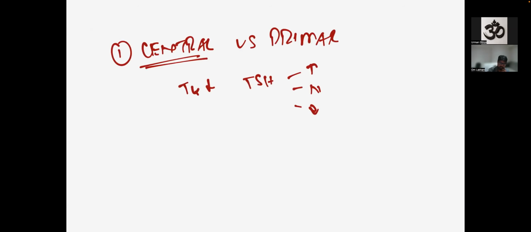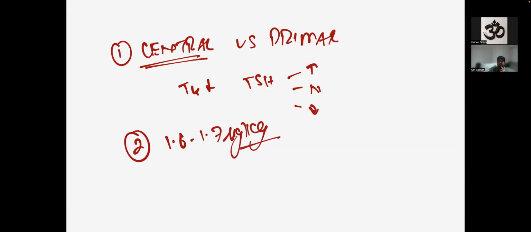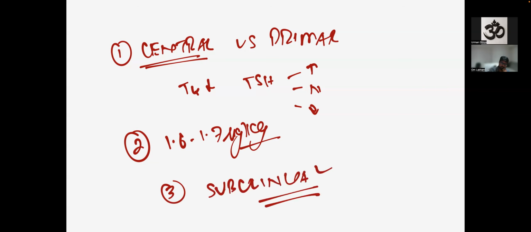The second important take-home message you must remember is you can start the patient on the full therapeutic dose of 1.6 to 1.7 microgram per kg, except in elderly patients, where you can consider starting with a lower dose. For subclinical hypothyroidism, we already discussed the protocol for management, and I told you which cases you should treat and which you should not.